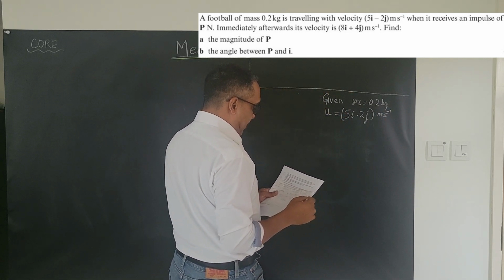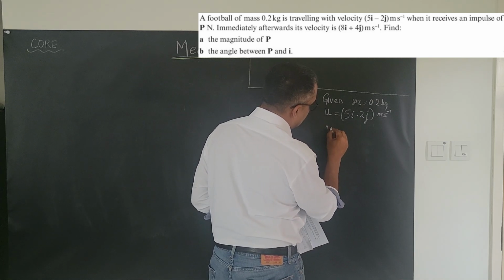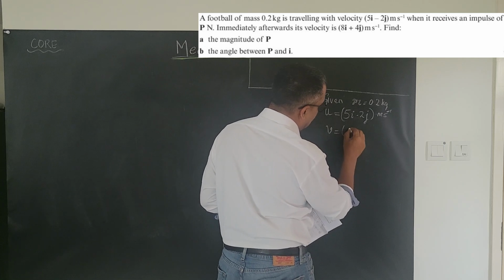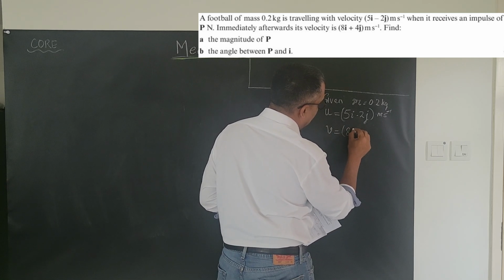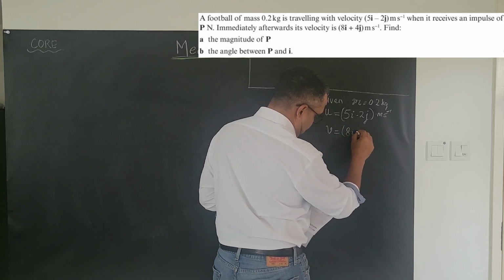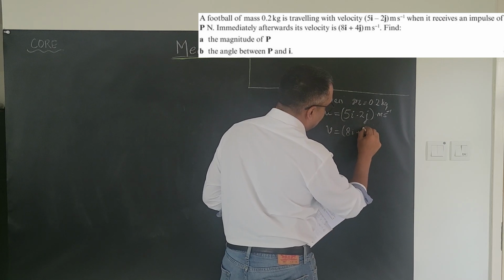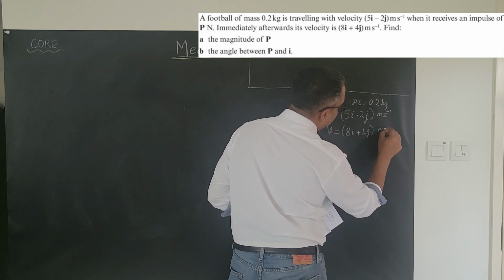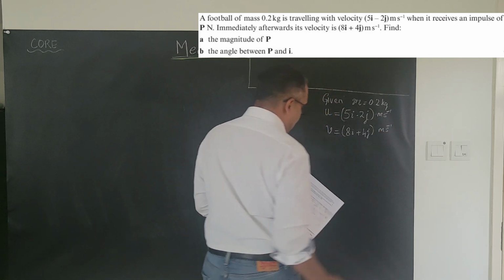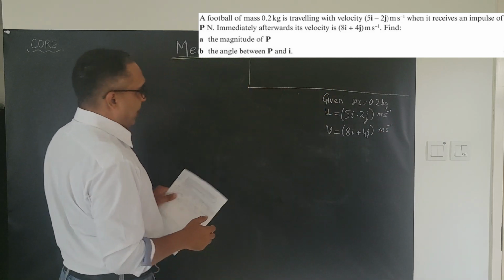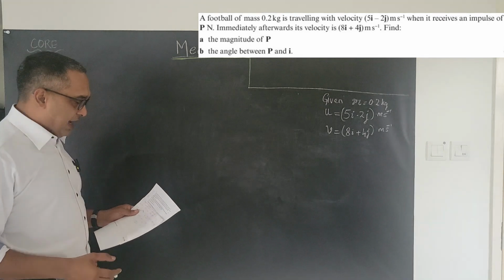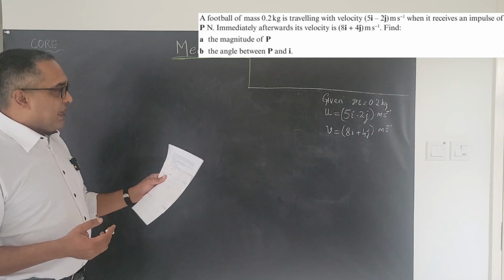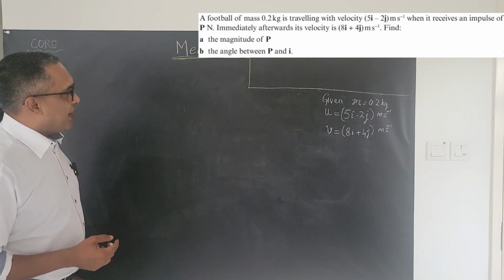Now, they've also given you final velocity, which is 8i plus 4j meters per second. They ask you to find impulse. Now, this is interesting. The magnitude of the impulse and the angle of the impulse with i.